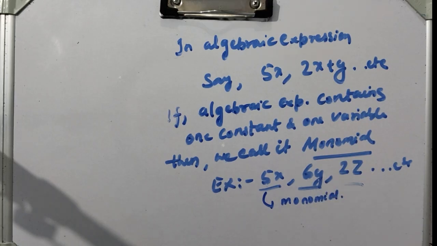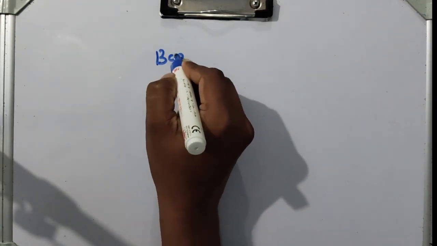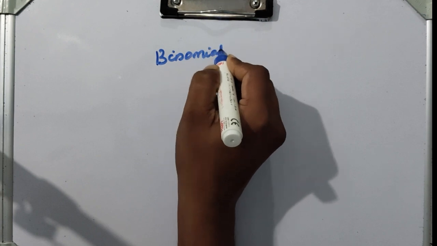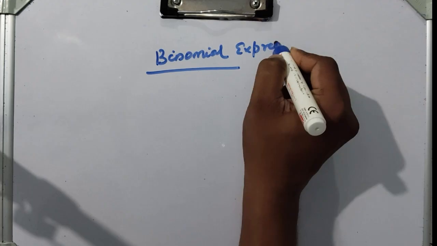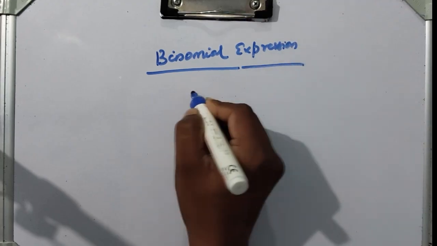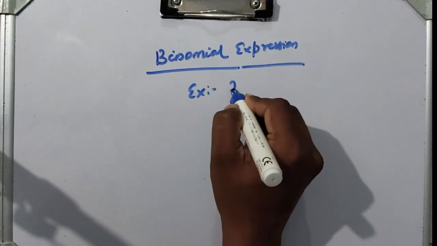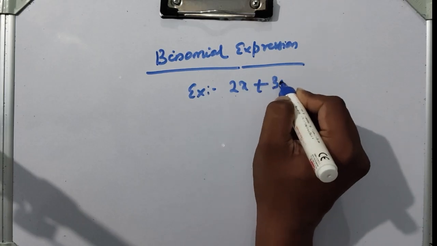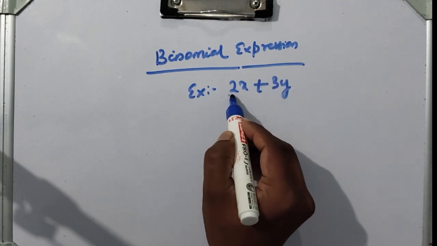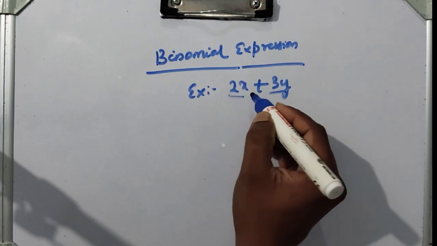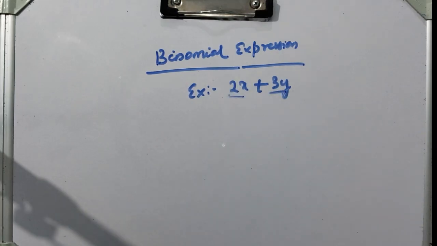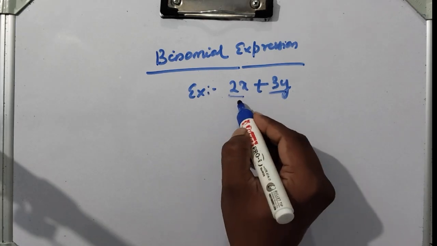now coming to binomial. So what is binomial? Binomial expression. Okay, example: 2x plus 3y. It contains two monomials.